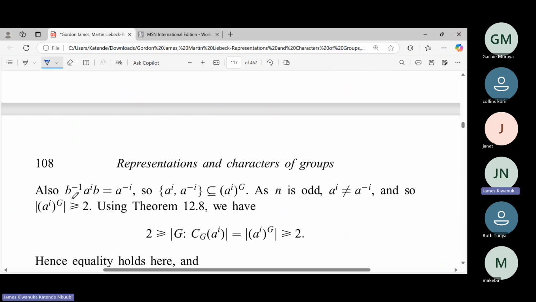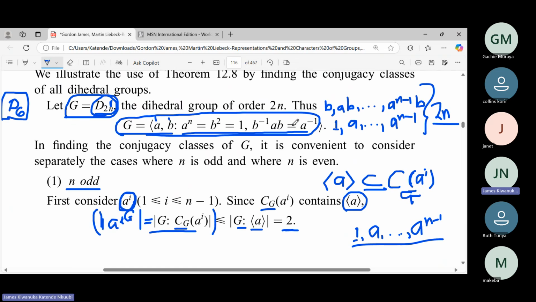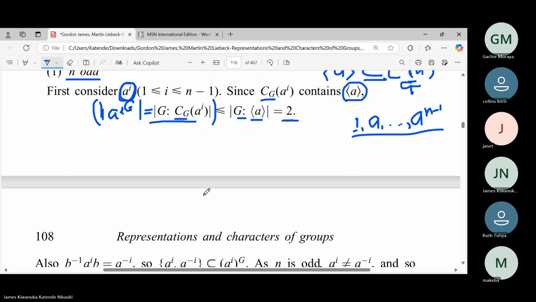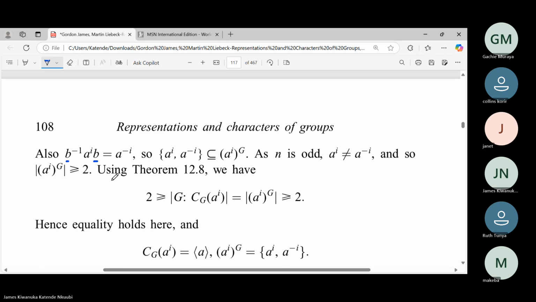So in general, if you have b inverse a^i b, this is straight from the defining relations. If you raise this to i, this will also be raised to i. So this one gives you this. So it means the inverse of a^i is also in the conjugacy class of a^i.